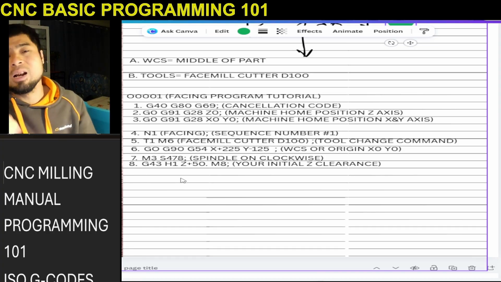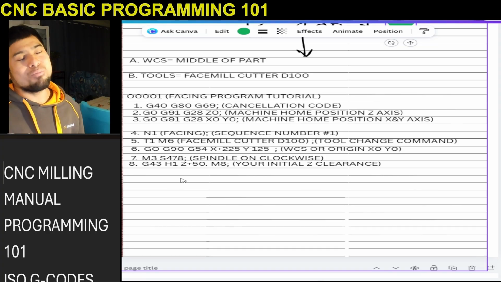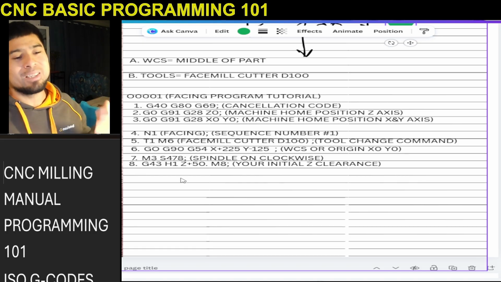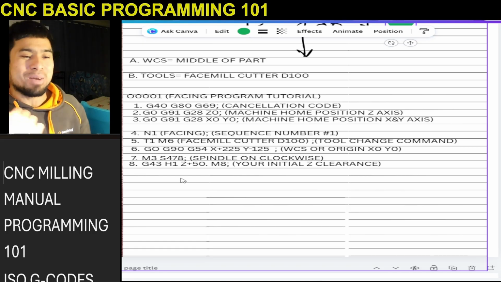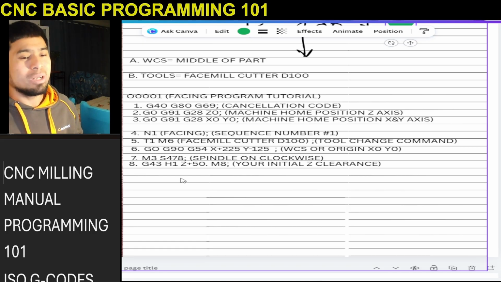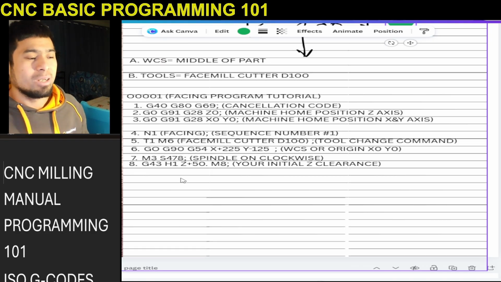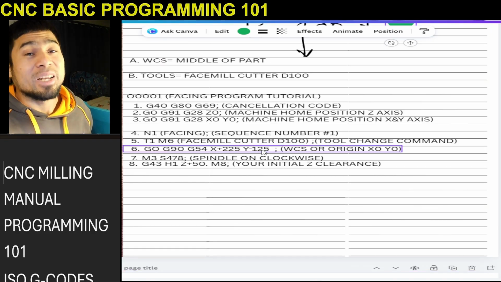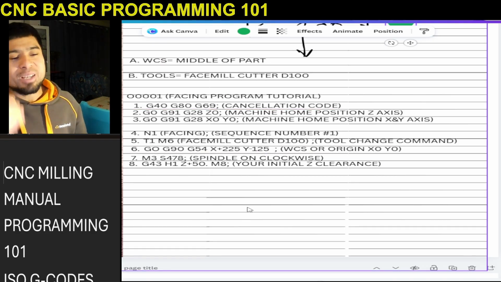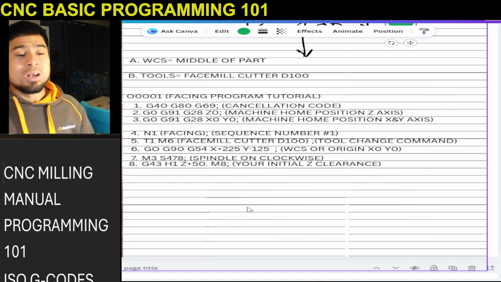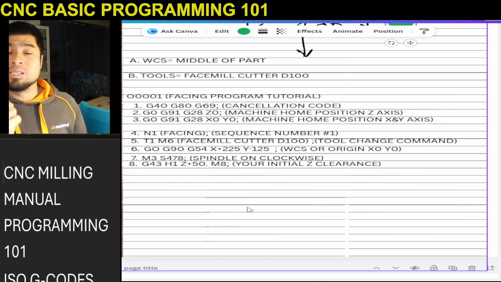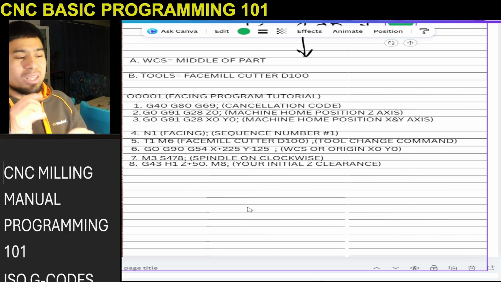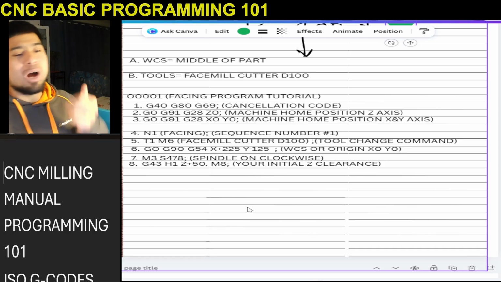How fast you will feed? I compare it in real life like walking, and rapid is running very fast. And when you do feed rate, which is G1 equals linear interpolation, it always requires feed rate. The machine is asking you, oh, you're walking, so how fast are you walking? That feed rate is the one specifying how fast you are walking.